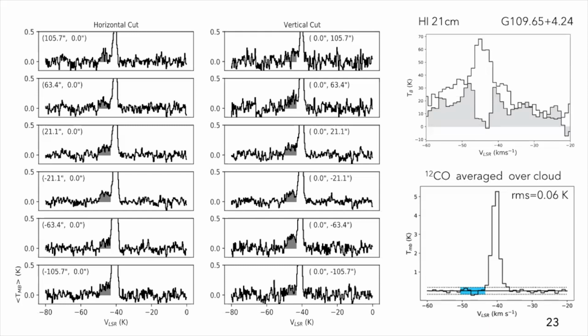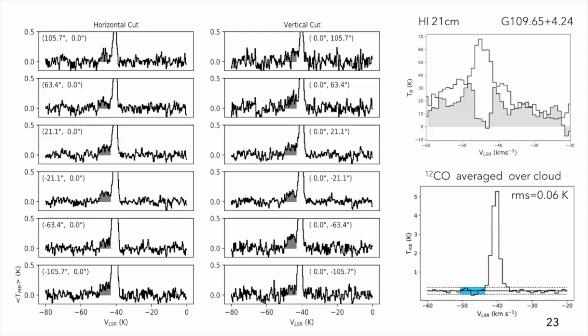It's not limited to one part of the map that we've made. And again, just to remind you, looking at the top, the H I 21 centimeter plot on the right that I showed earlier, the absorption of the continuum is happening between -50 and -41 kilometers per second. Right? So the same regime that we're seeing in this blue shifted C+ emission.